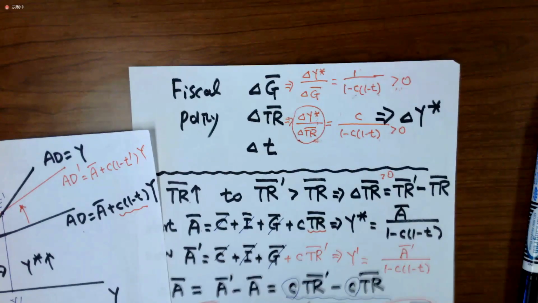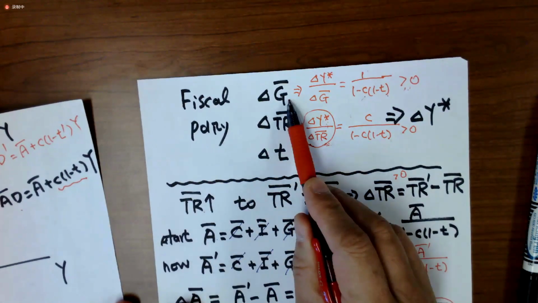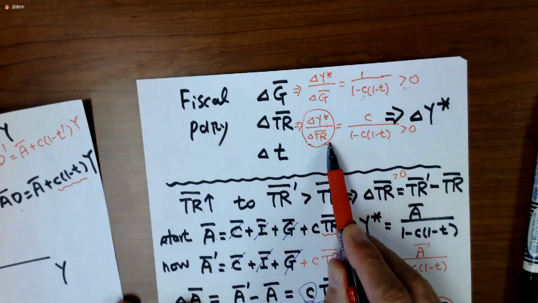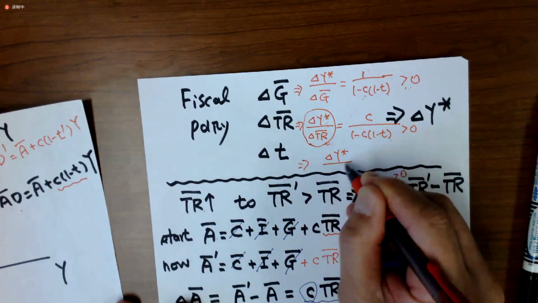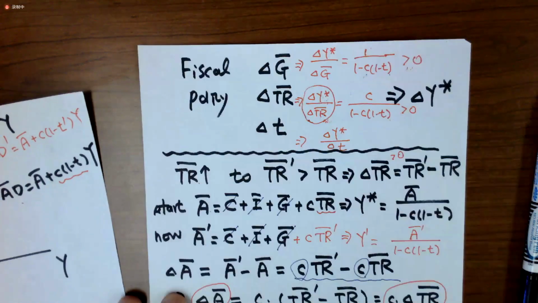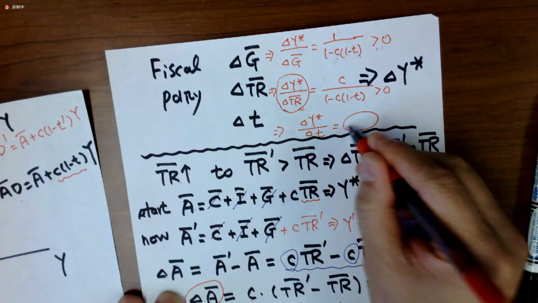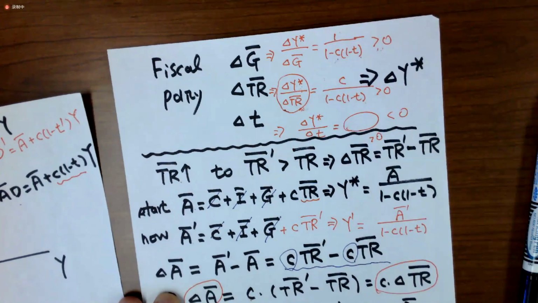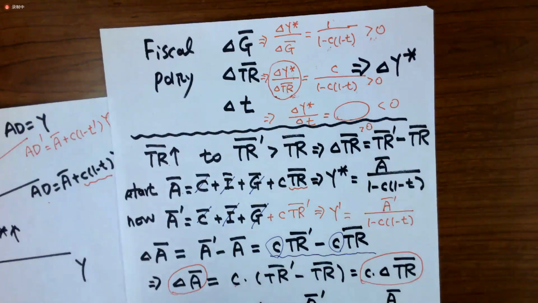When we talk about fiscal policy, the change in government spending multiplier is positive. The change in transfer payment multiplier is positive. For the change in the tax rate, we're going to have the tax multiplier. I'm not going to give you the expression. Don't worry about it. And this is negative. Makes sense? So this is the end of chapter 10.